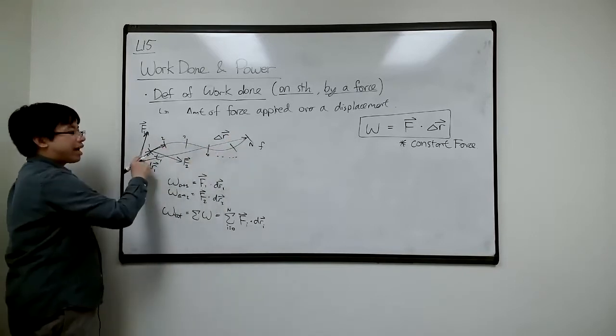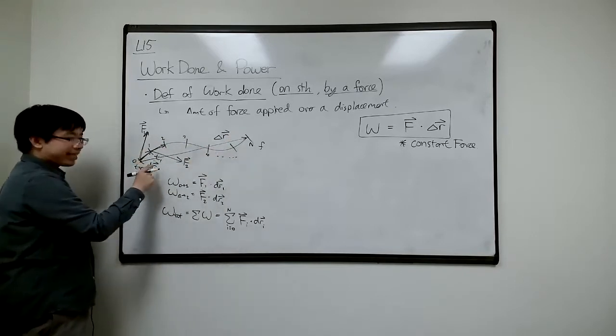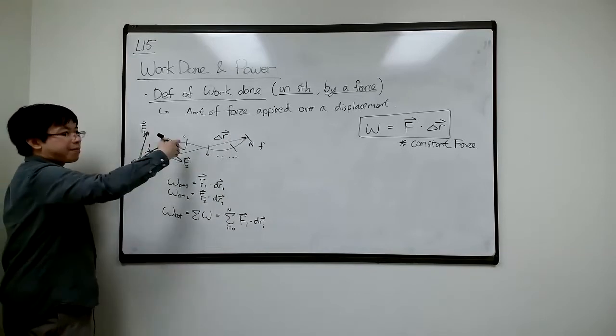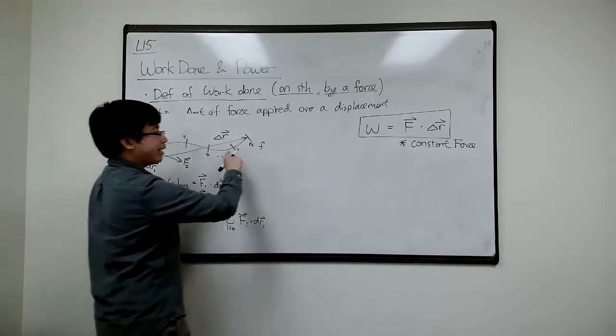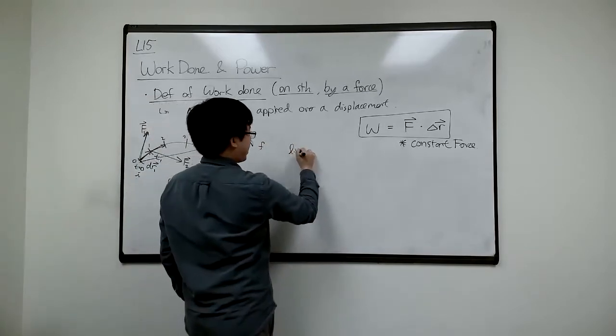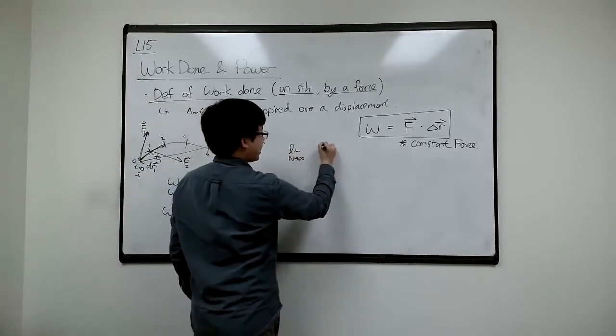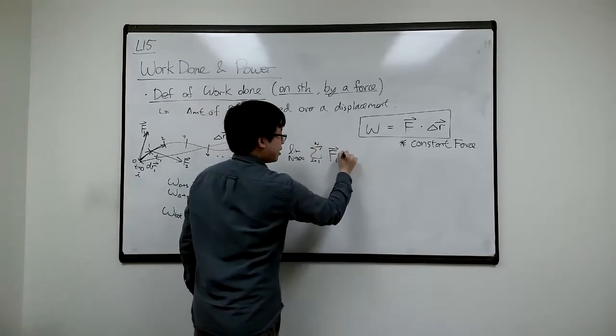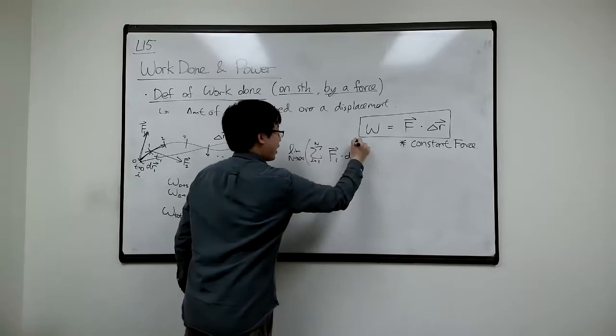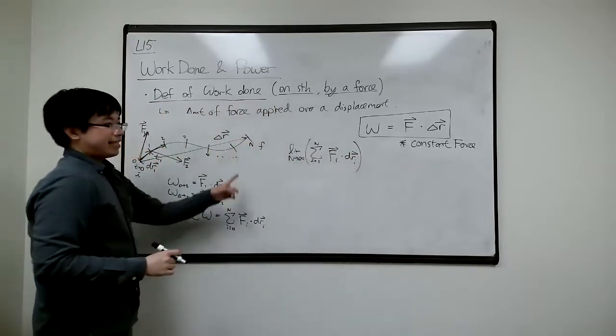How small should I shrink dr? How many pieces should I chop? The more the better. If I chop it into infinite pieces, I take the limit of n going to infinity of the sum from i equals 1 to n of this. So I'm basically doing this and taking the limit.